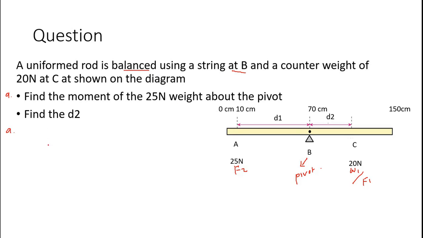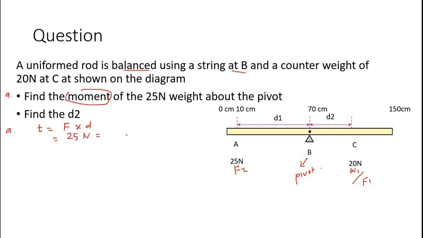What is the formula that we can use to find the moment? Torque equals F times D. What is F? 25 newtons.